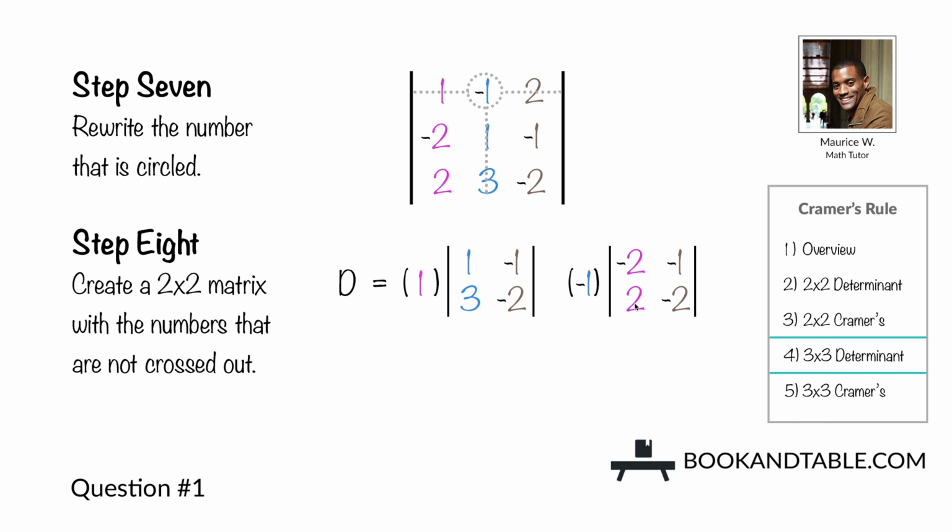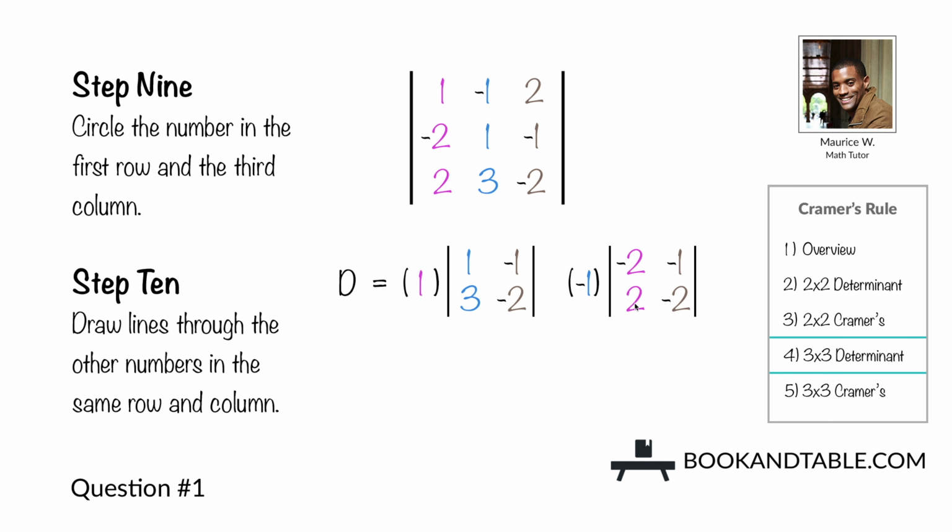And now we want to create a third 2x2. So step 9, circle the number in the first row in the third column. That would be +2. Step 10, draw lines through the other numbers in the same row and column. So we draw a line through these two numbers and draw a line through these two numbers, creating a new 2x2 with these 4 numbers here.